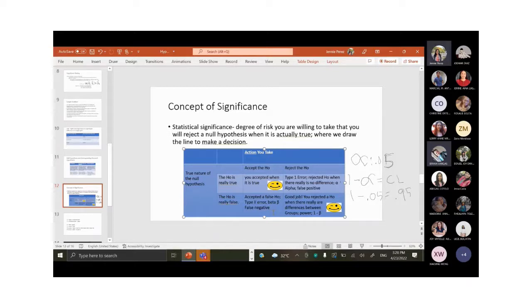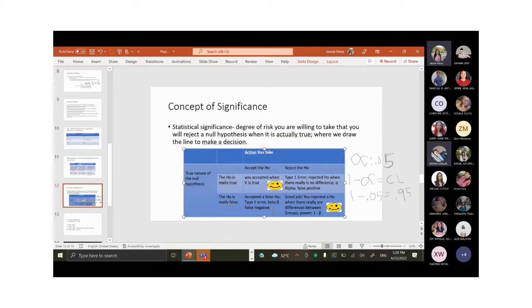So what kind of error is that? That kind of error is what we call type 2 error. It is incorrectly accepting the null hypothesis when it is false. And it is what we call the false negative or beta. When you fail to reject the null hypothesis, when you should have rejected the null hypothesis, that probability of making a type 2 error is what we call beta.